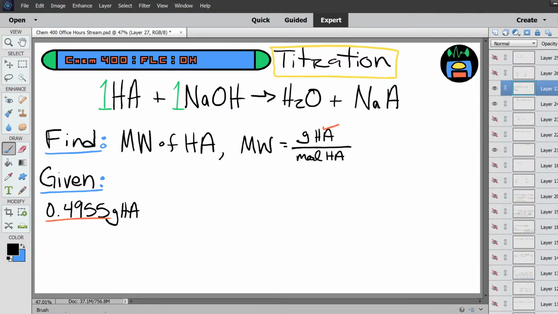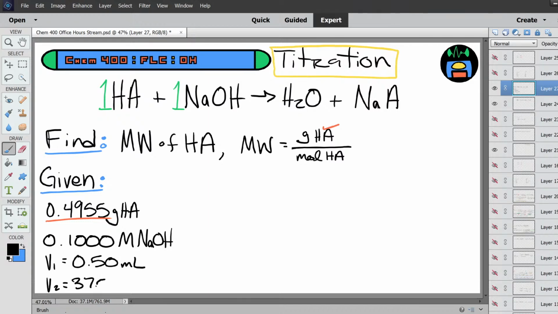Next, we're given the molarity, 0.1000 molar sodium hydroxide, and then we're given an initial and a final burette reading. Our initial burette reading is 0.50 milliliters. Our final burette reading is 37.50 milliliters.